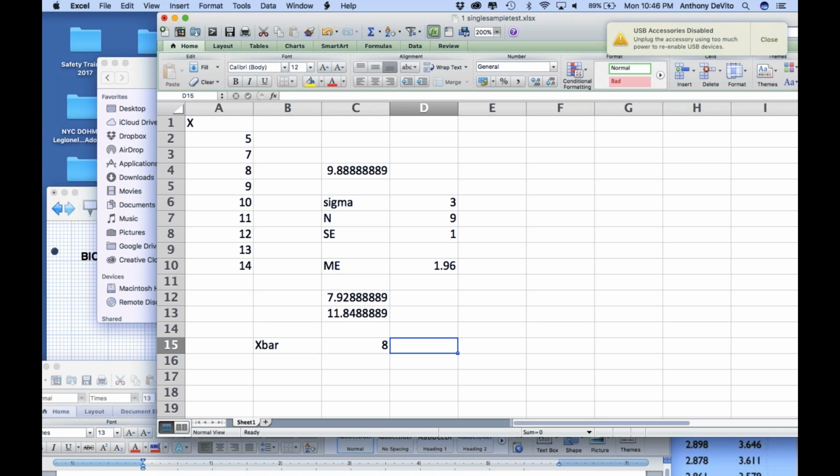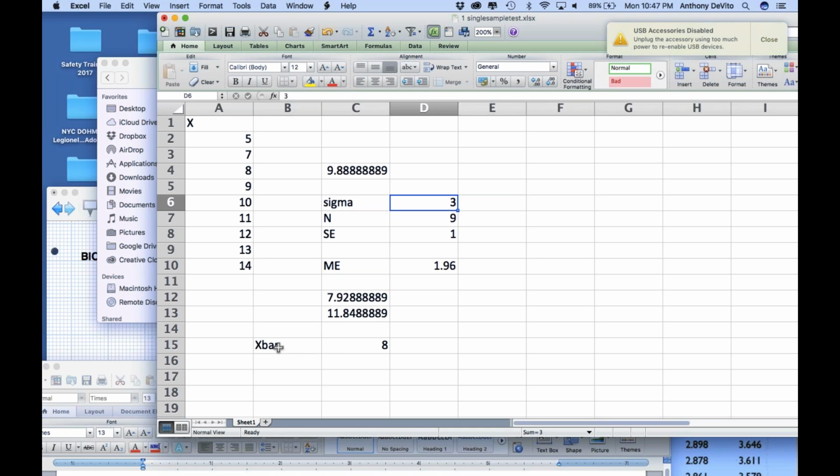Now let's think about this for a second. I know what sigma is: the standard deviation is 3. My standard error is equal to 1 because I was given that. So I'm working with a z-score, as I used 1.96 before.